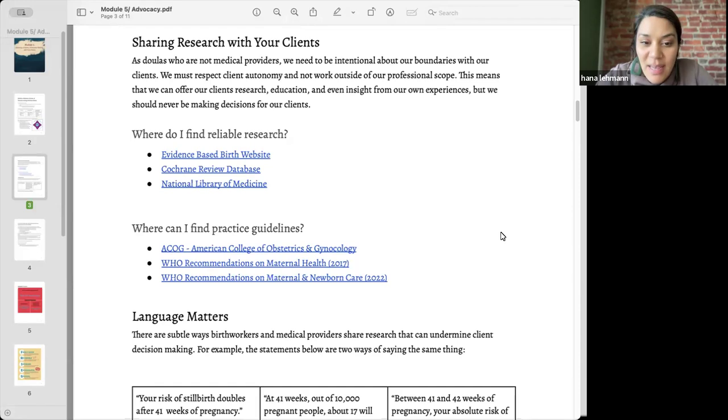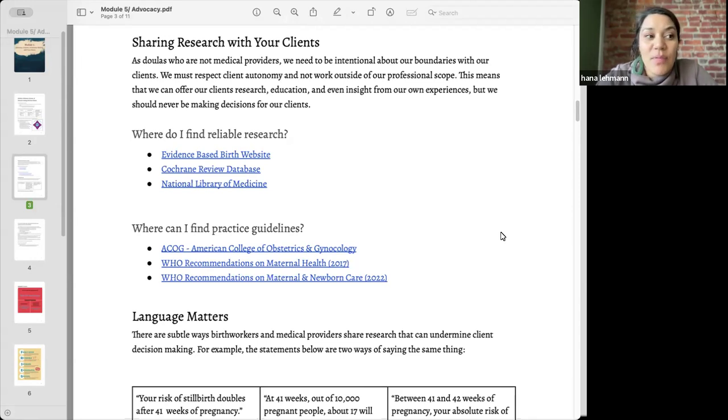Where can I find practice guidelines? So I've linked to ACOG, which is the American College of Obstetrics and Gynecology, because that's another thing that you might want to be familiar with, because a lot of hospitals don't actually follow what ACOG recommends.